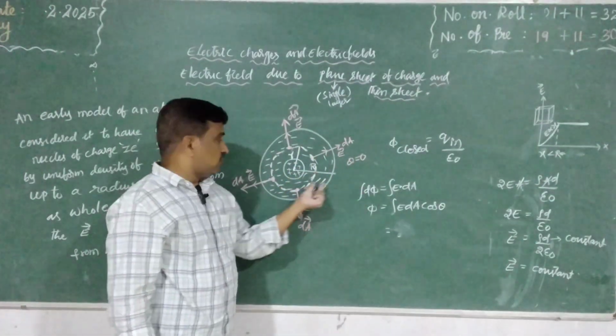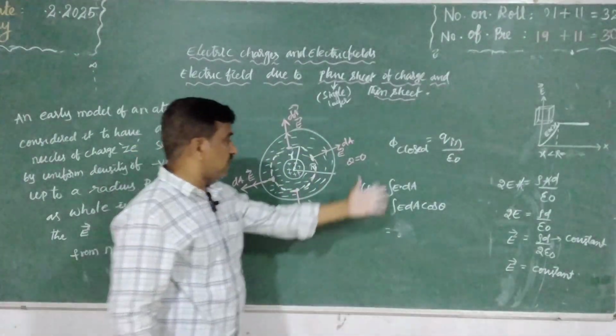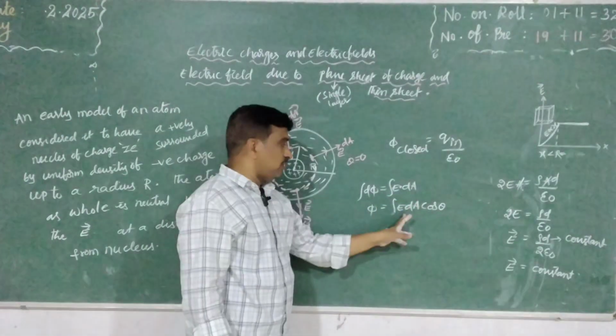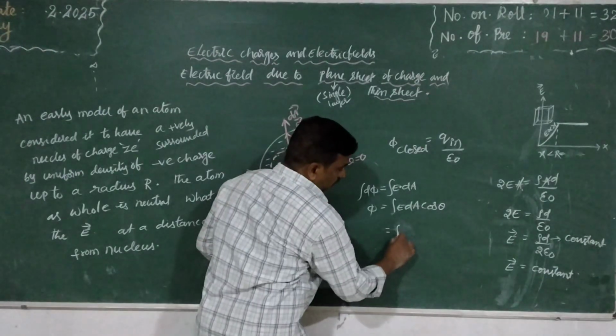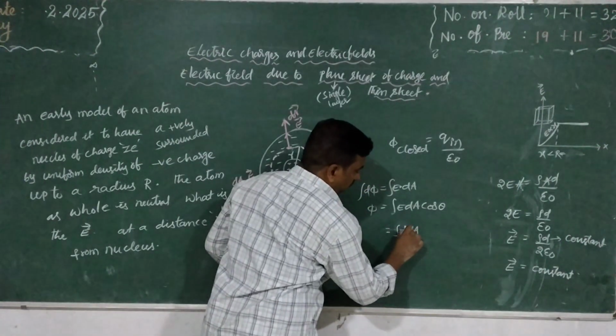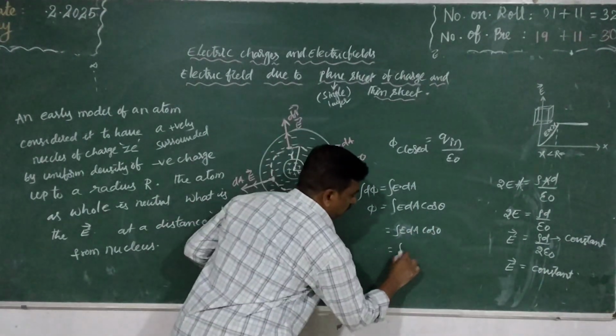It is dΦ. All the dΦ's added, we can take the integral of dΦ. The integral of dΦ means the integral of E dot dA, which means E dA cos θ. Here θ is 0, so E dA cos 0, and cos 0 means 1. So we get the integral of E dA.